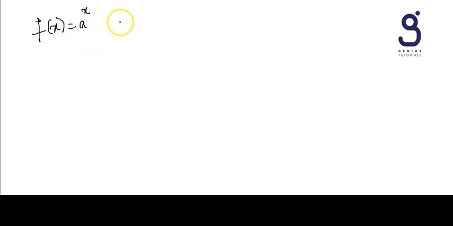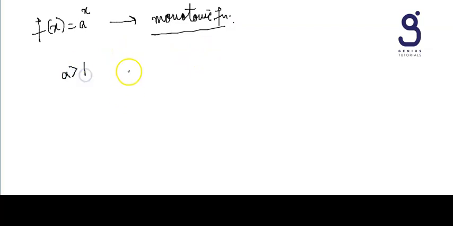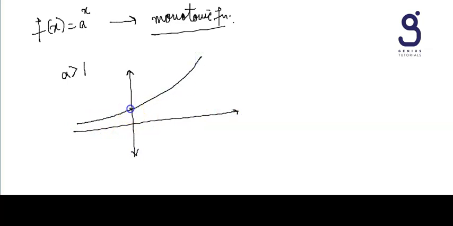Now there are two or three main points that can be derived from this graph. If we draw a graph of the exponential function a^x, we can say the graph of a^x is a monotonic graph. We can say this is a monotonic function. If a is greater than 1, the graph is like this. It passes through (0, 1).